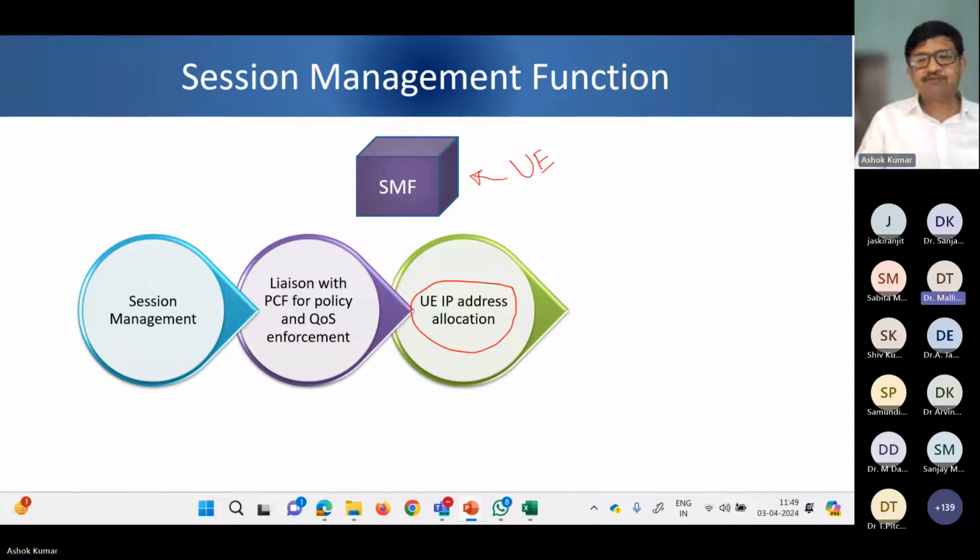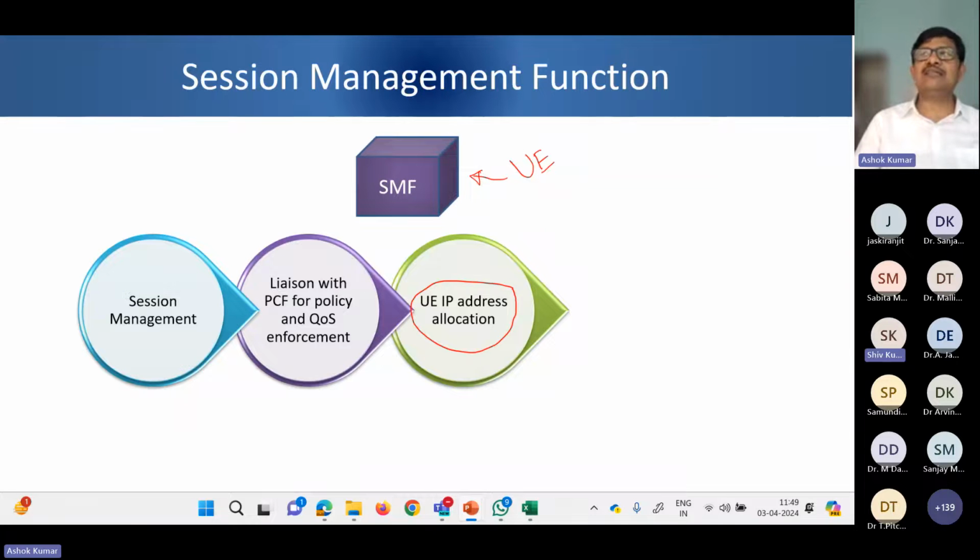No answer? Yes, sir, because it's a packet switch network. No, it's not only packet switch, it's a data network. As I said earlier, it supports not only IP networks, but also some other kinds of data networks. So IP address allocation will happen only in case it is a packet data kind of environment, IP.